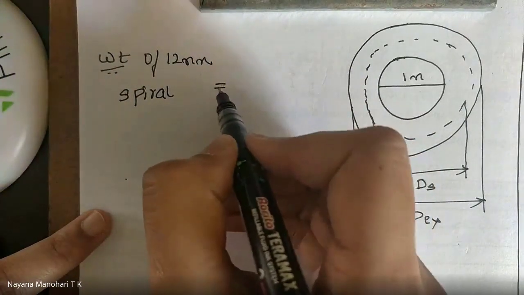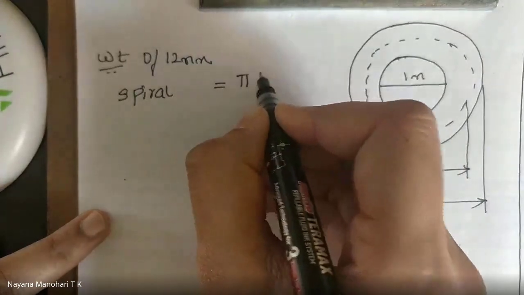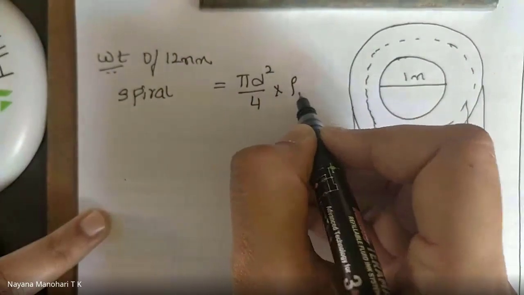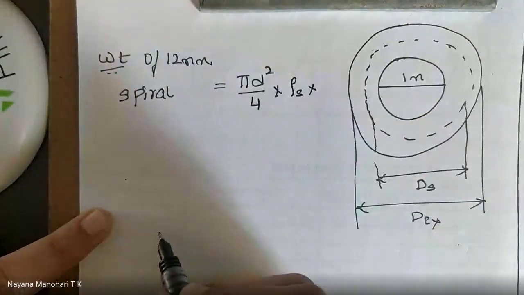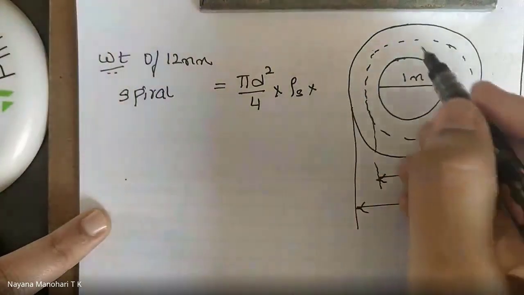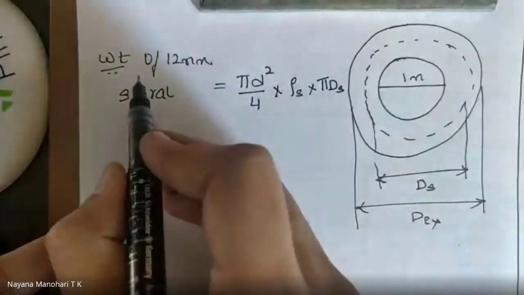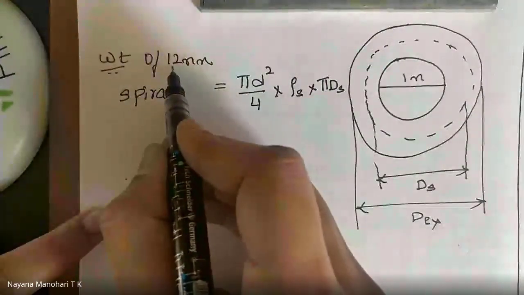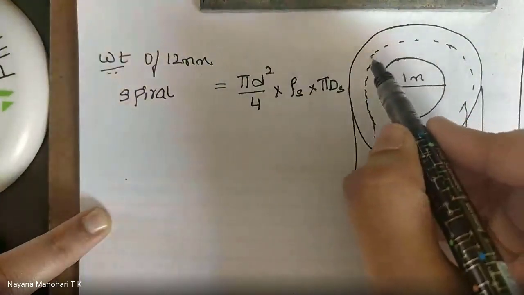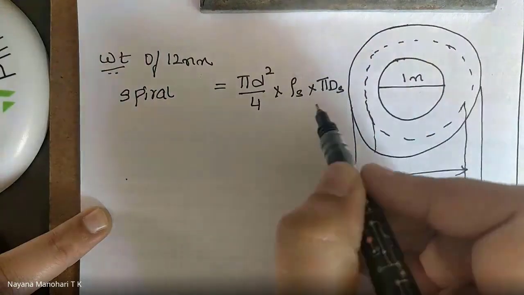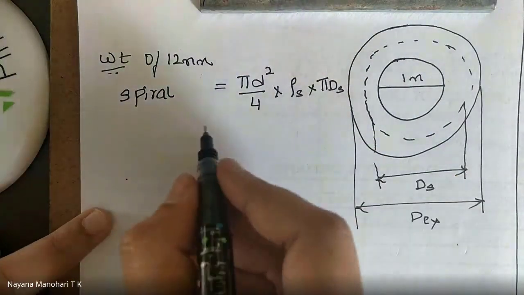That will be equal to what? That is pi d square divided by 4 into density of the steel, multiplied by the perimeter, which is pi into ds. You have assumed the dia as 12 mm, and the perimeter of the spiral reinforcement is pi ds.